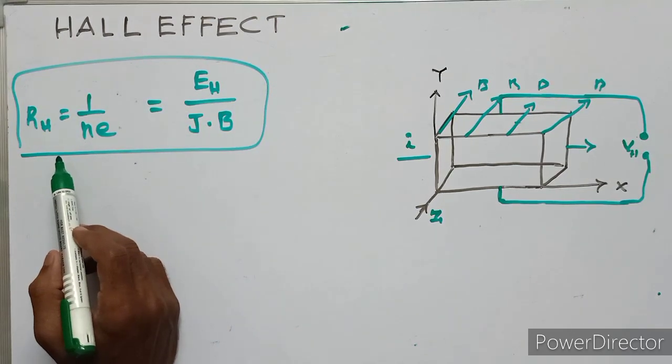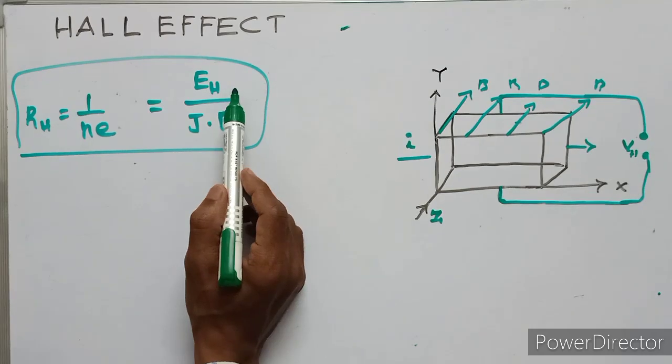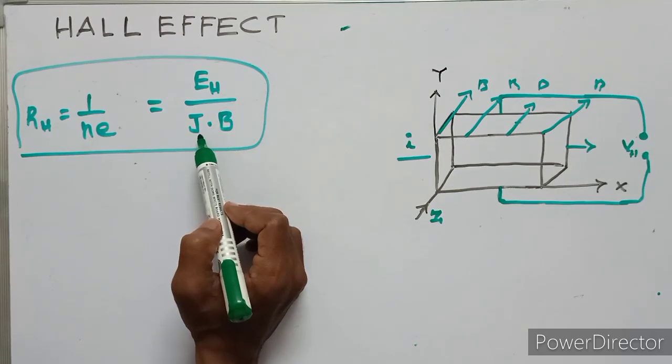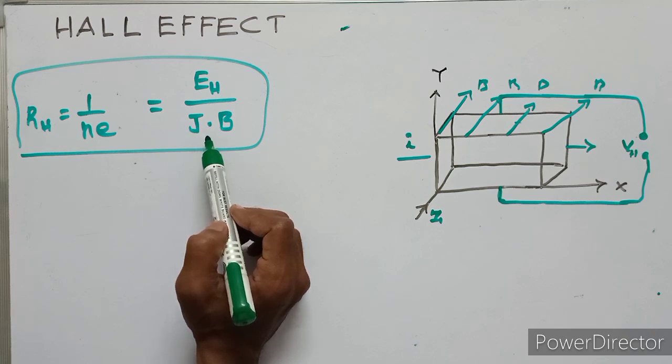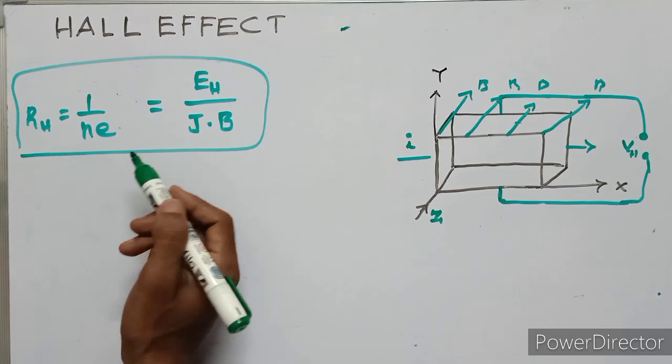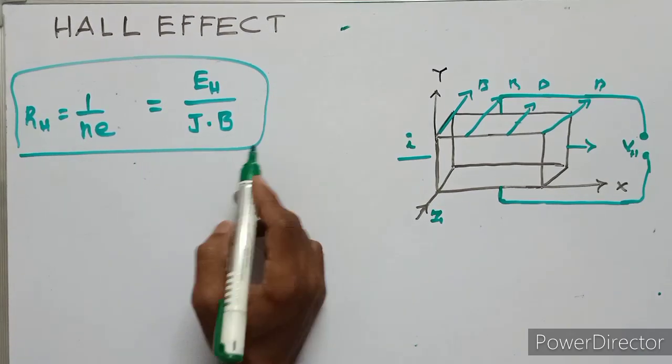Finally, the Hall coefficient is defined as the ratio of the Hall electric field to the product of current density J into magnetic field B. Thus, the value of the Hall coefficient R_H is negative when the charge carriers are electrons.